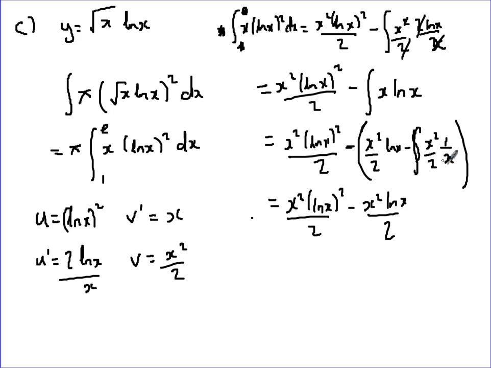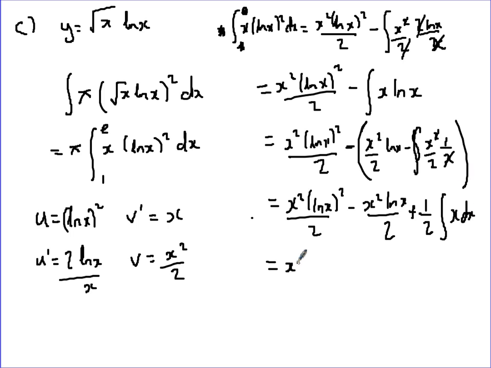This bit then, the x will cancel with this, leaving us with minus then, but then it's a minus of a minus, so it'll be a plus a half here, so I've cancelled this bit, so the half on the outside of the integral of just x dx.